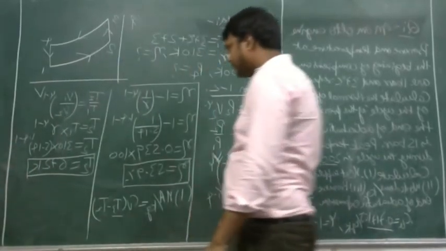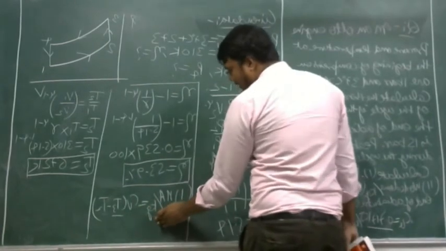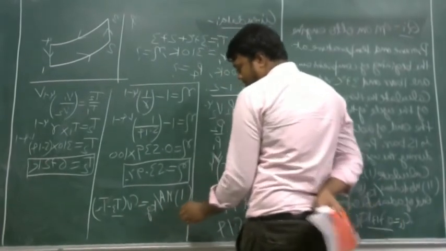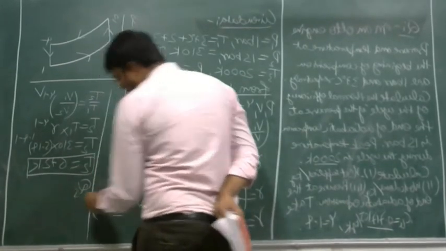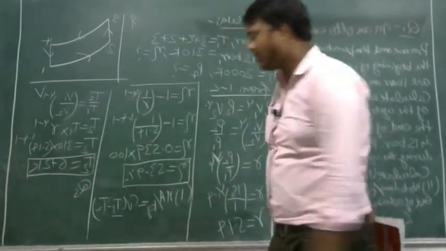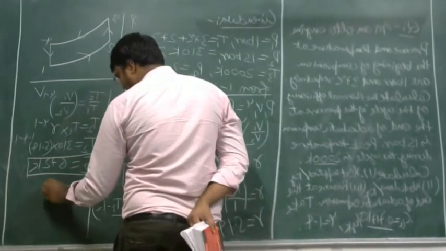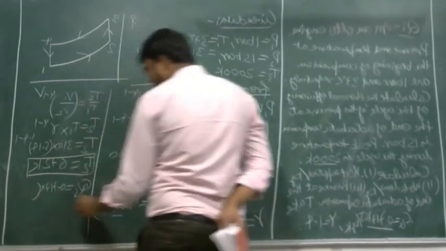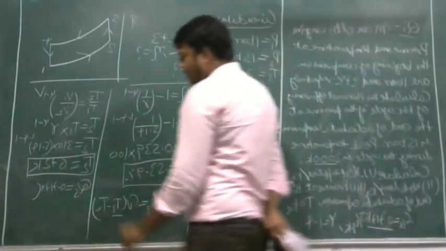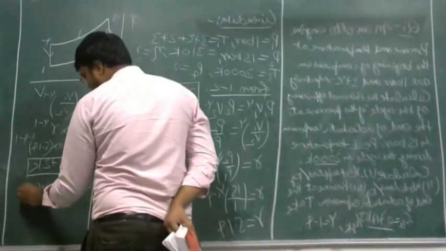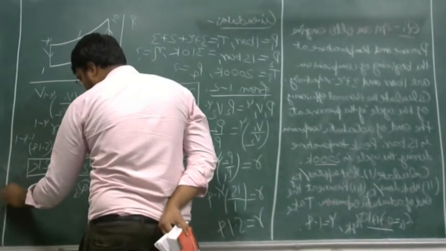Now we can put the value of T2 here and find the value. The previous heat supply I am writing as Qs. It will become equal to Cv, 0.717, into T3, which is 2000, minus 672.